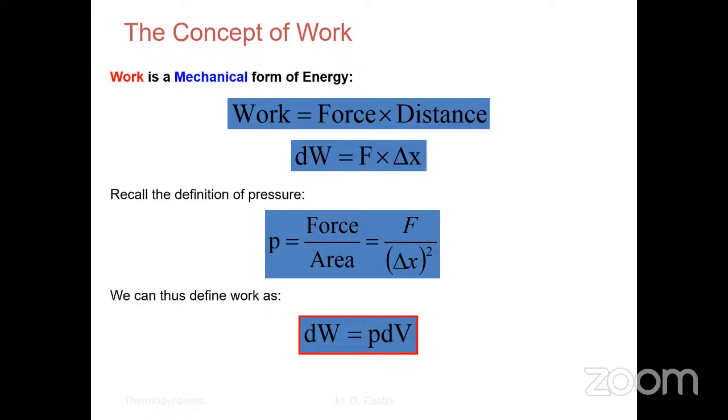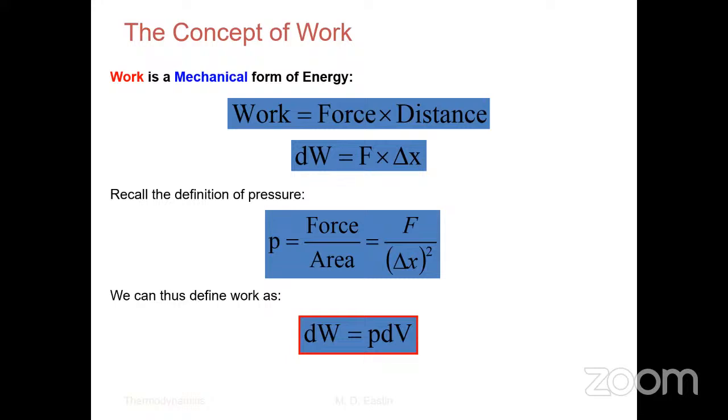So now, where you had F, you replace F with P times delta X squared. And now when you substitute this into your initial equation, dW is equal to F times delta X, you now have dW is equal to P dV.